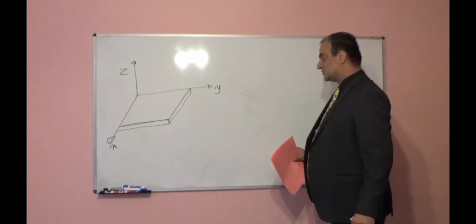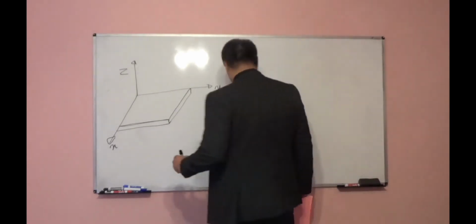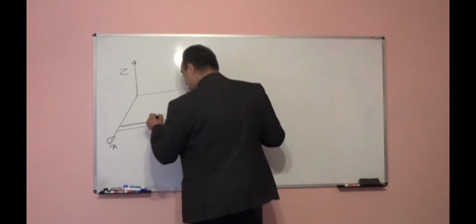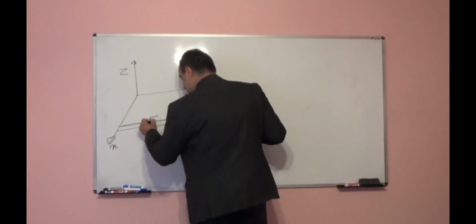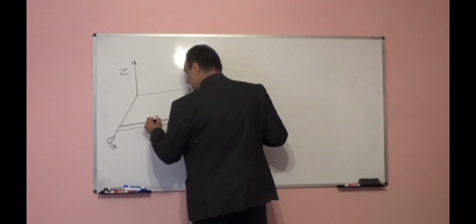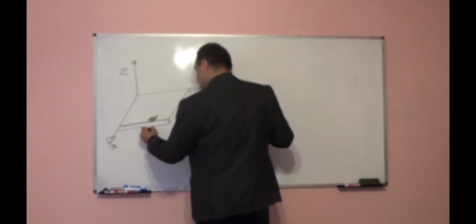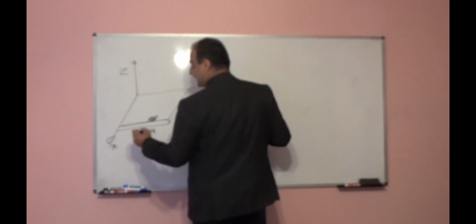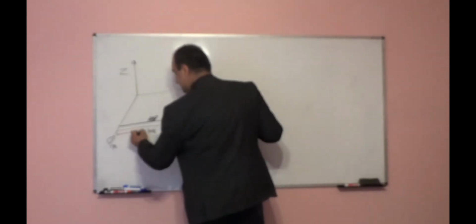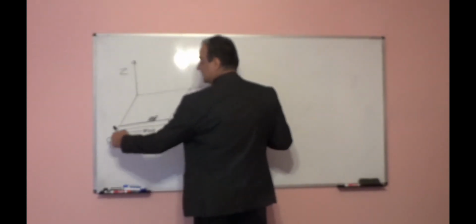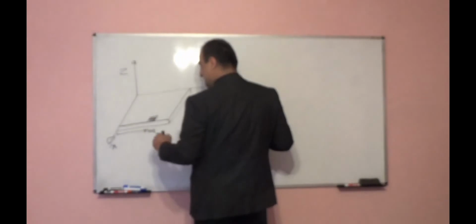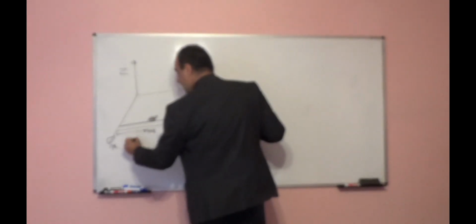If we assume one small element or small segment here in this plate, and the weight for this small element or segment, I assume it is Wi, and the distance from x-axis is y tilde.